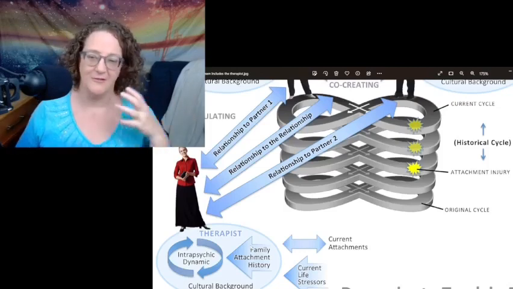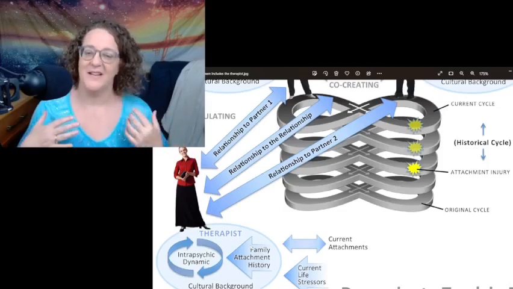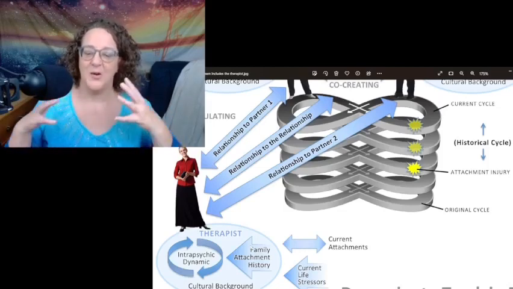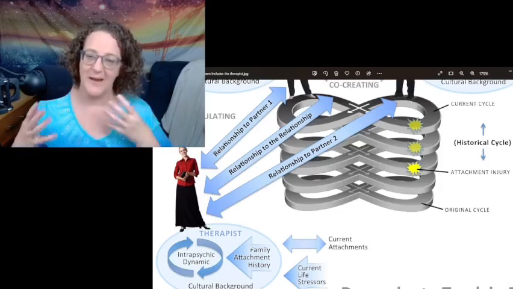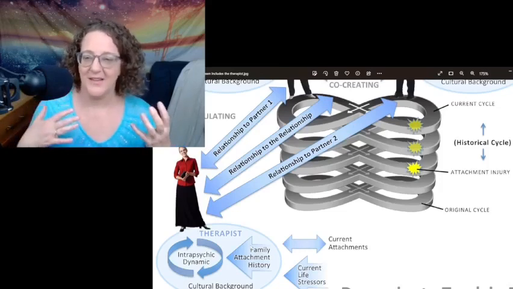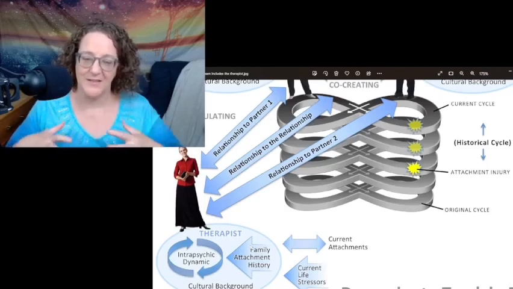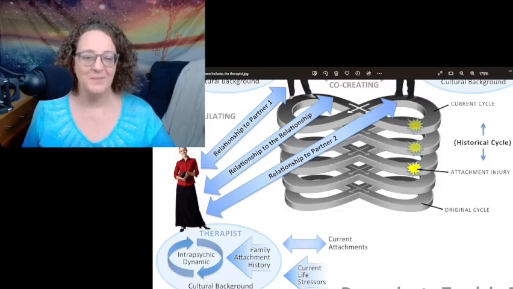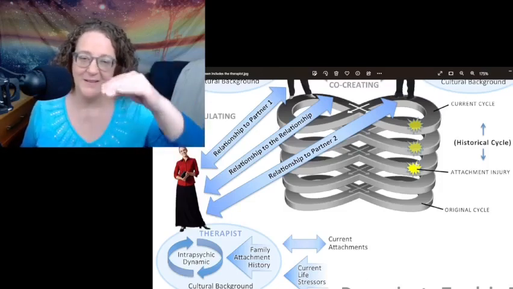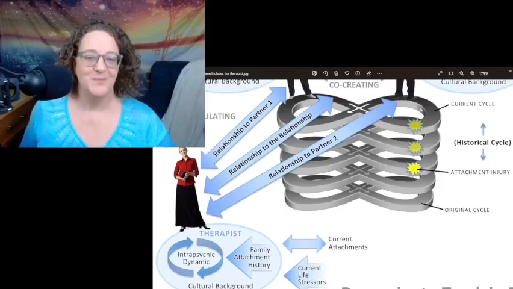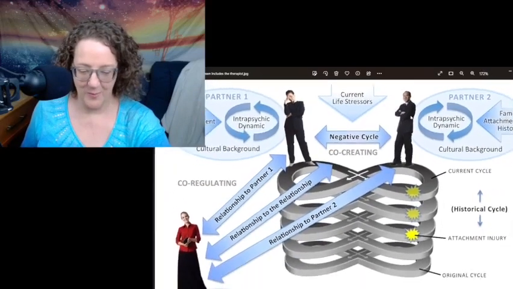All kinds of triggers and intensities, but also relevant experience that they're drawing on. And that whole intrapsychic dynamic, and then their cultural background, which may or may not match the cultural background of the clients they're working with. So there's a lot of work going on, and it's multi-level on these infinity loops. I just want you to have a good appreciation, clinicians, for what work you're doing.